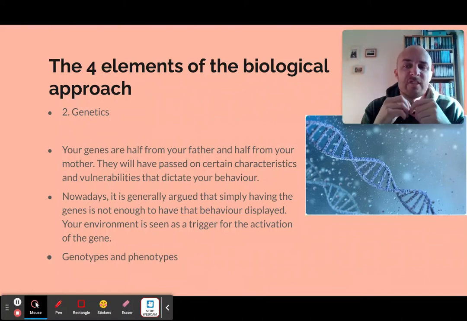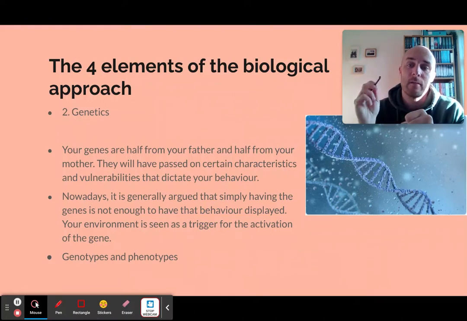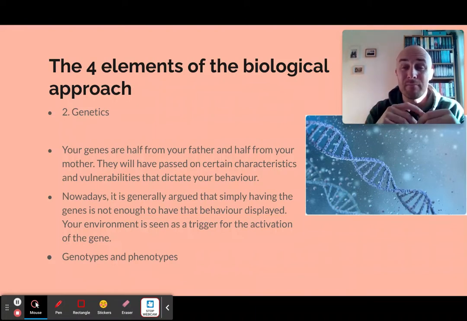One final thing as well is genotypes. Phenotypes aren't really applicable to the biological approach. It could be argued, but well, they kind of are. But genotypes are literally the composition of genes that you have, the makeup of your genes. You have a very, very arguably, possibly unique genotype. You'll have genotypes for certain hair colors.